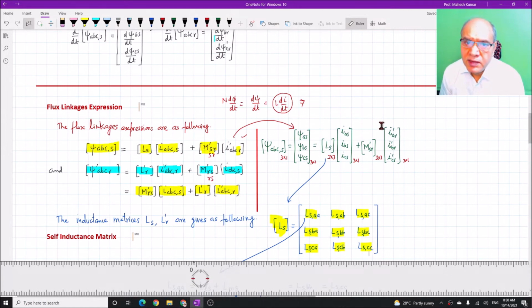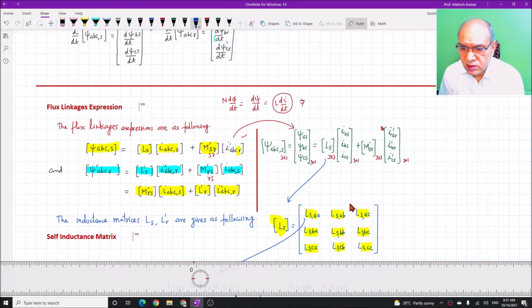These will be the elements of the L matrix. And similarly, the mutual inductance matrix will have these kinds of elements: MSR AA, AB, AC, BA, BB, BC and CA, CB and CC.